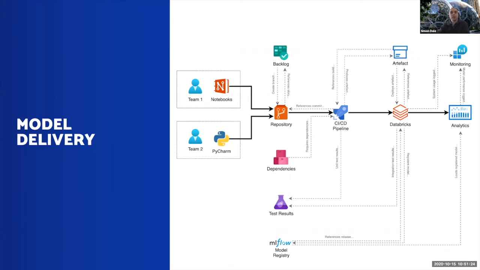So we have two different teams here. One of them, using notebooks, is really focused on data exploration, testing value, and delivering proof of values to make sure that a particular business case is going to return the right sort of outcome for the business.